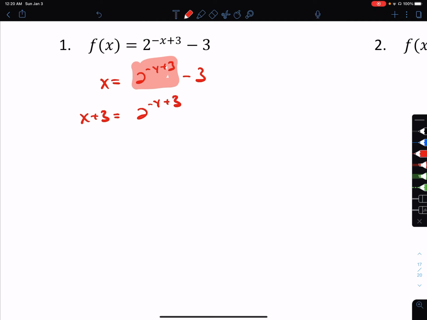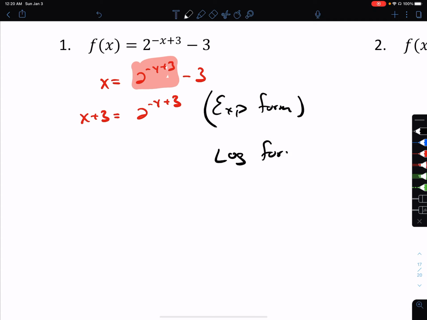This gives me the equation in exponential form, which allows me to then change it to log form. It would be log base 2 of the argument equals the exponent.